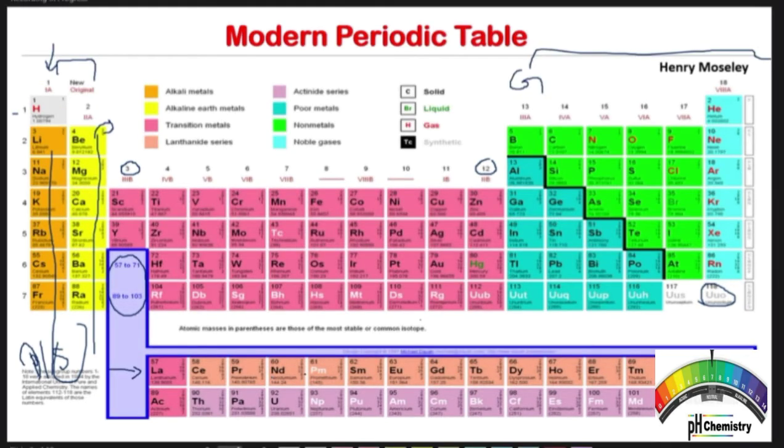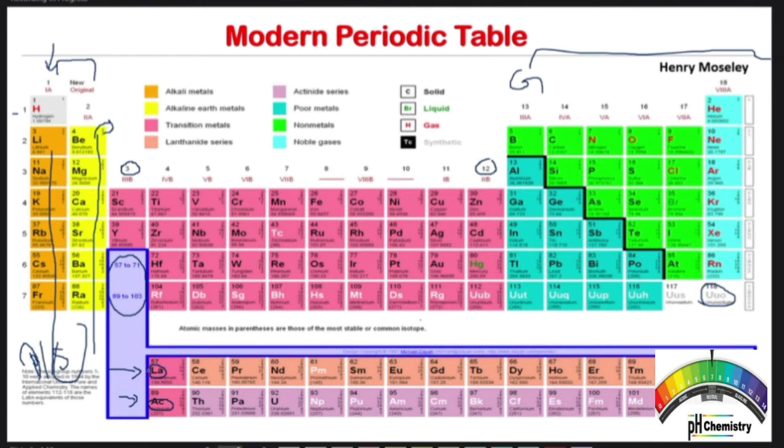Okay, below the periodic table 2 series are there. Total 30 elements are present here. In the first series we have 15, in the second series we have 15 elements. So the first series is known as the lanthanide series because all these elements come after the element lanthanum, and the second series is known as the actinide series because these all come after the element actinium.